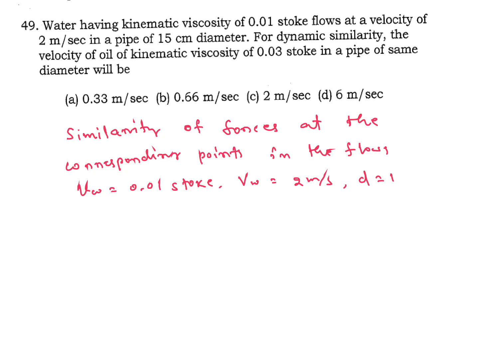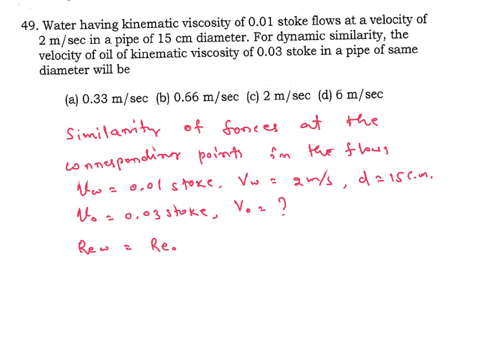For dynamic similarity, kinematic viscosity of oil is 0.03 stoke. We have to calculate velocity of oil. So for dynamic similarity of forces, Reynolds number of water equal to Reynolds number of oil.